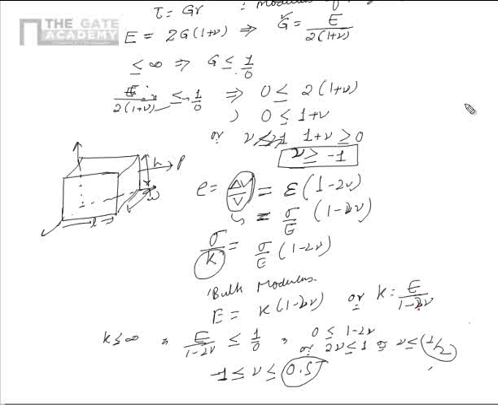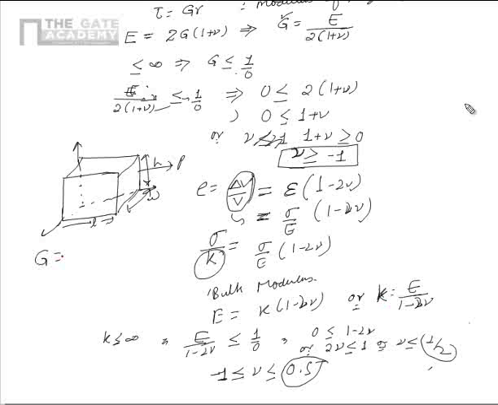If we feed in that value here, we will see that the K of rubber is a very high number, and it's very unlikely that it can be compressed by a considerable or significant amount. So please remember these relationships between the various elastic constants, and E, nu, G and K are called elastic constants. So I will just write it once more.